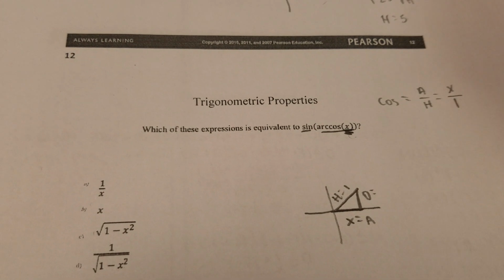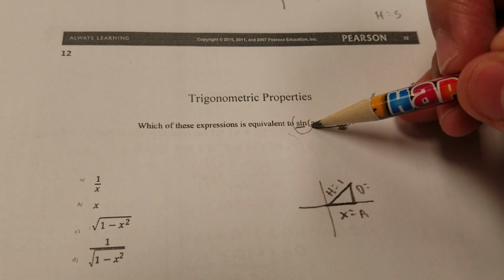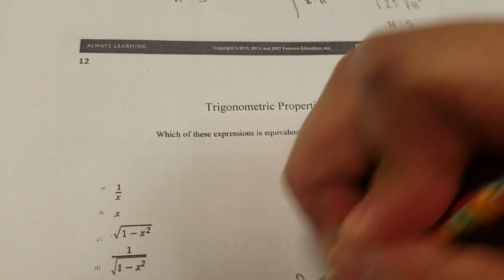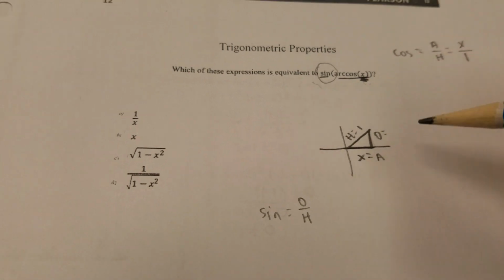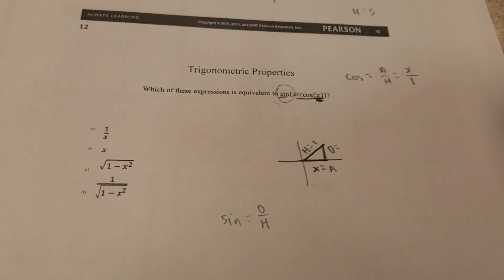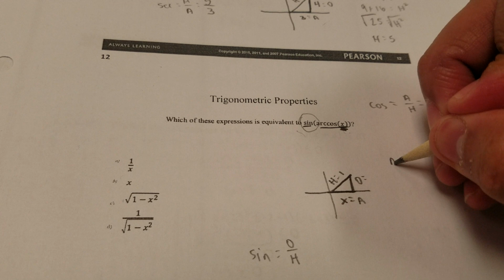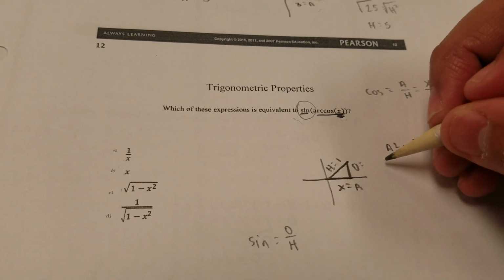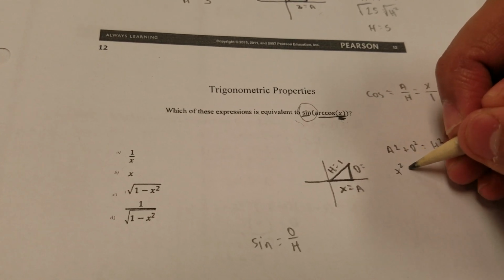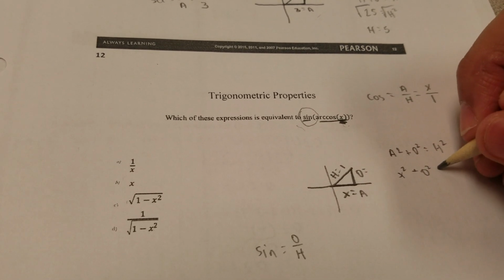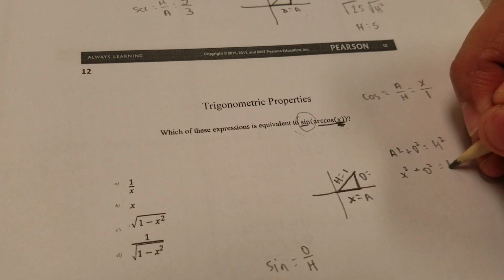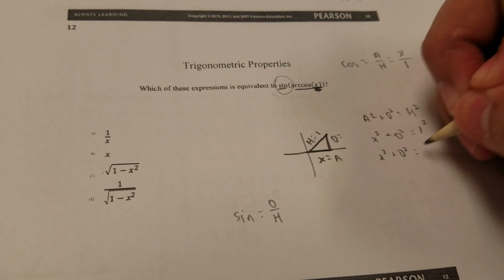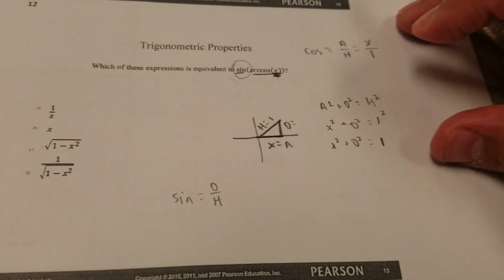So the only side I don't know is O. Now in the end, I want sine, right? This is what they're asking me in the end. So sine is equal to O over H. So I do need to know what this is before I can plug it in. So again, I'm going to solve for the missing side. A squared plus O squared equals H squared. I know what A is, it's X. I don't know what O squared is. And I know H is equal to 1 squared. 1 squared is just 1, right?